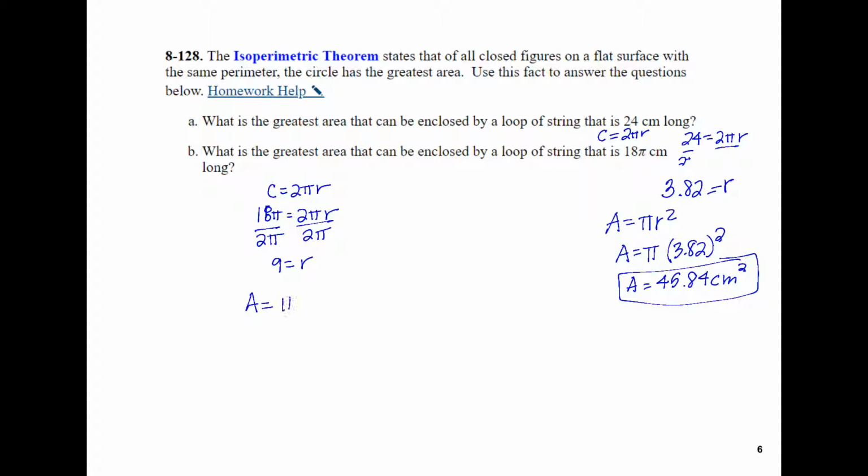The area is equal to pi r squared. 9 squared is 81. So our area is about 81 pi, which is equivalent to approximately 254.47 centimeters squared.